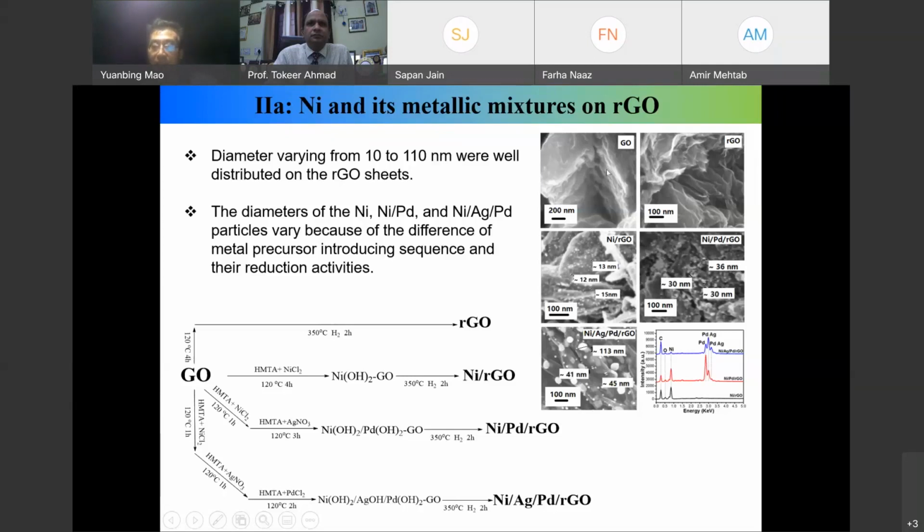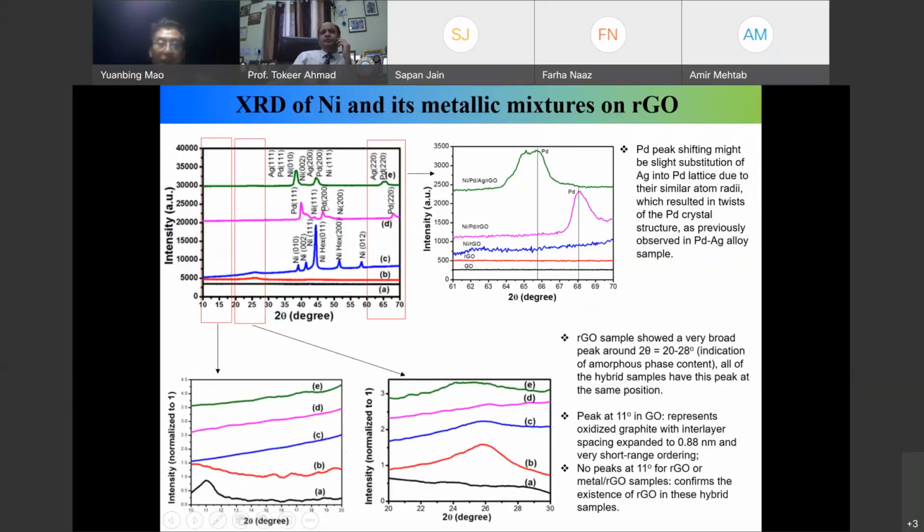And here we showed some electron microscope images, and you can see that some of these are nanoparticles on the surface. We also confirmed by EDX the presence of those metals on the surface. And we did XRD as well. By detailed analysis, we can see, especially in this region, and this is a zoom in, that the palladium peak actually shifts.